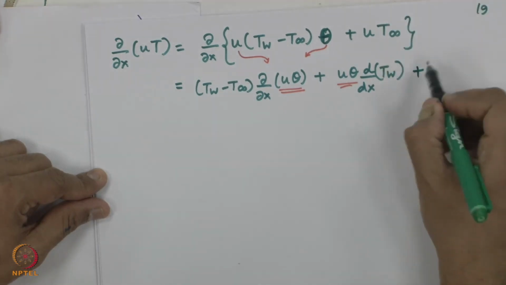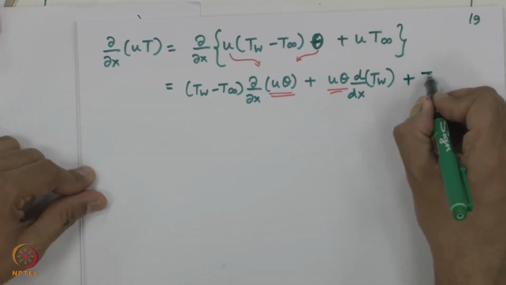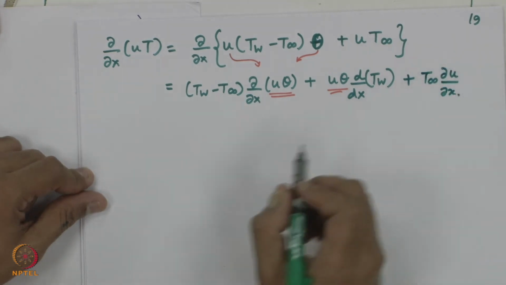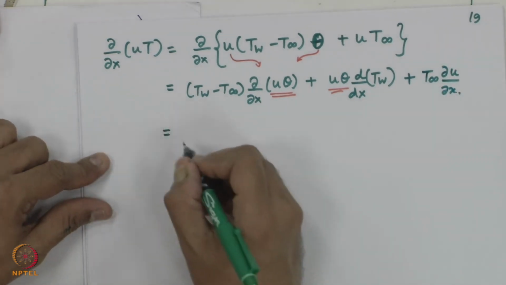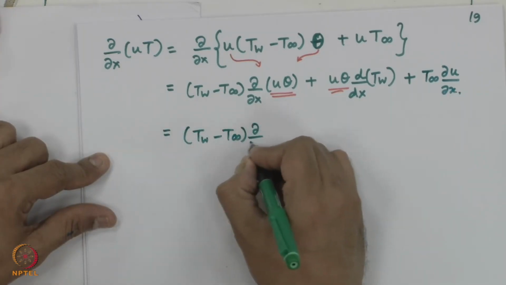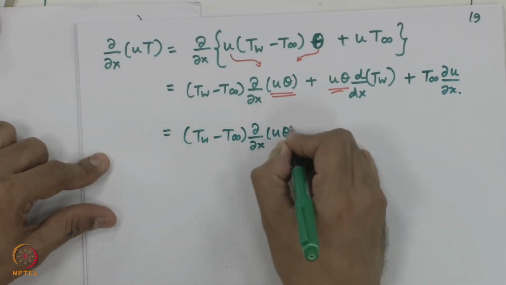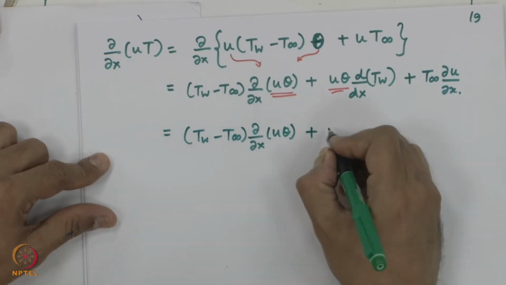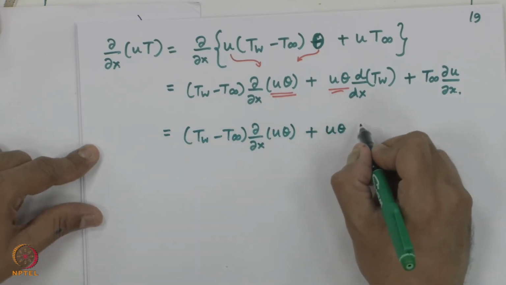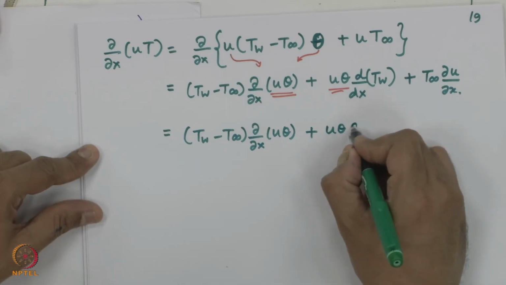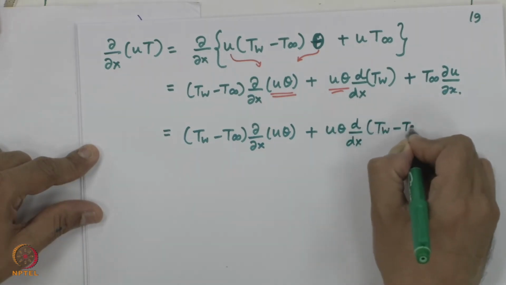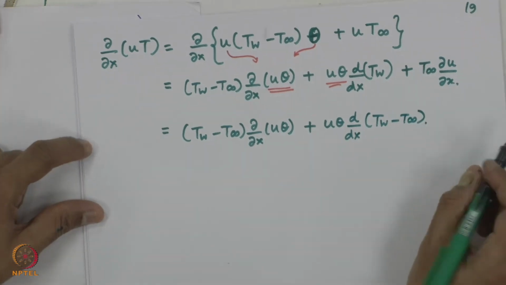What is the third term here? T infinity is a constant, so it comes out, du/dx. So, this term is nothing but (T wall minus T infinity) d/dx of u theta plus u theta d/dx of (T wall minus T infinity), okay.